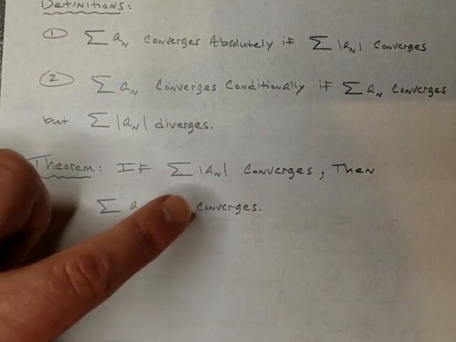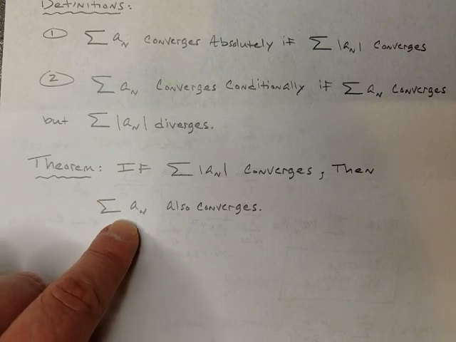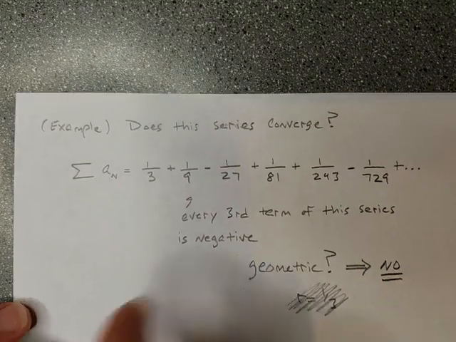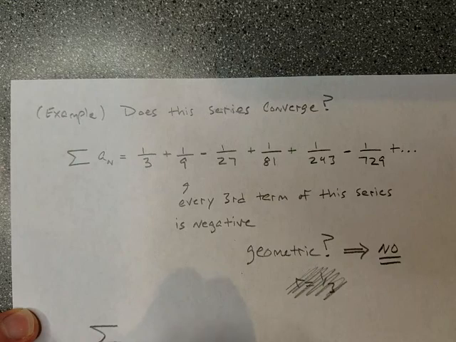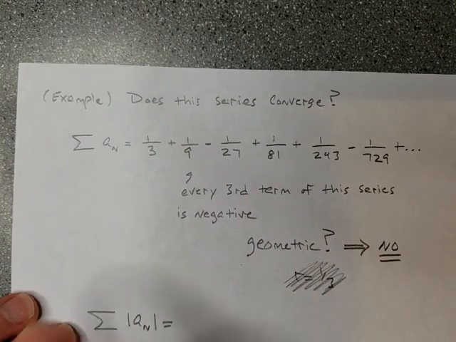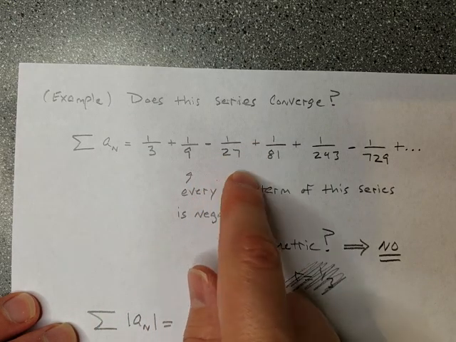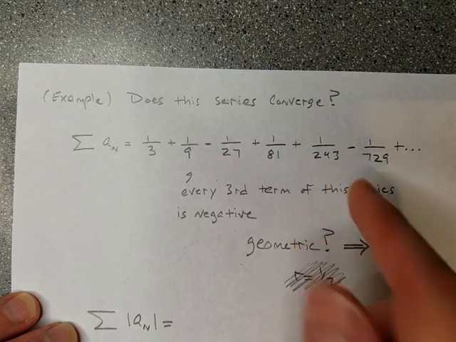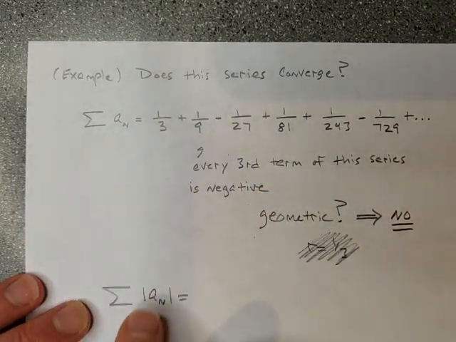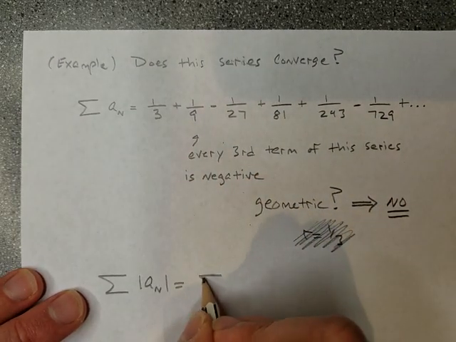What does that series look like if you make all the terms positive? Absolute value of an. If I made all the terms positive, it would be a third plus a ninth plus 1 over 27 plus, and so on. If I took this series and made all the terms positive, it would be this one.